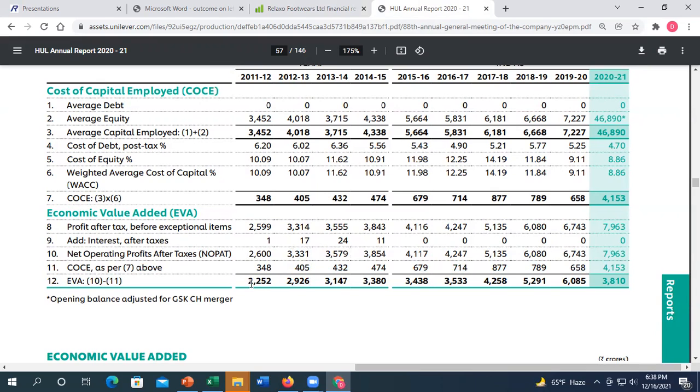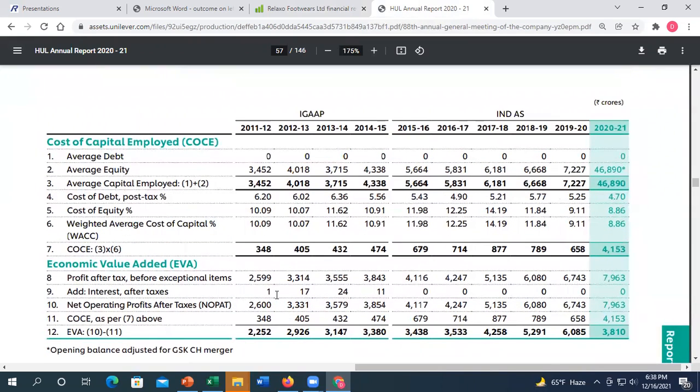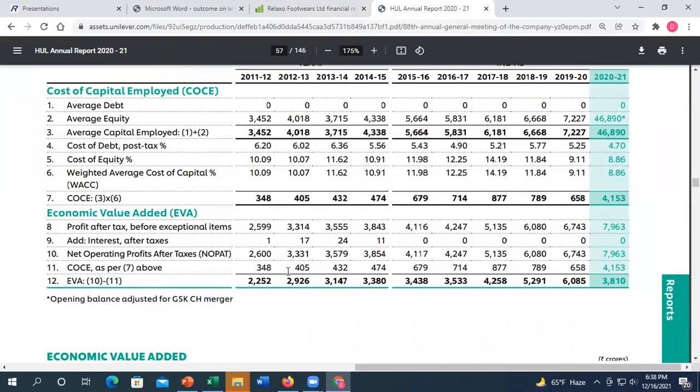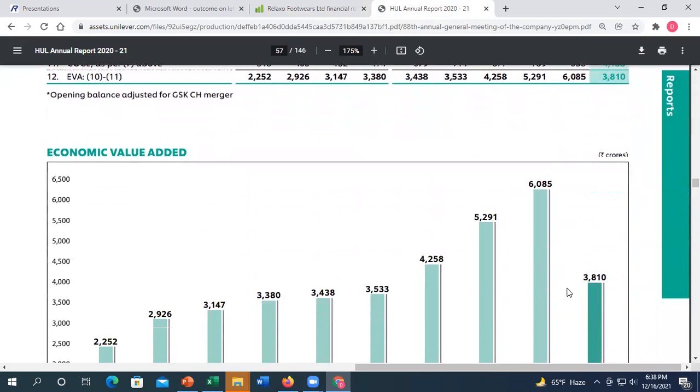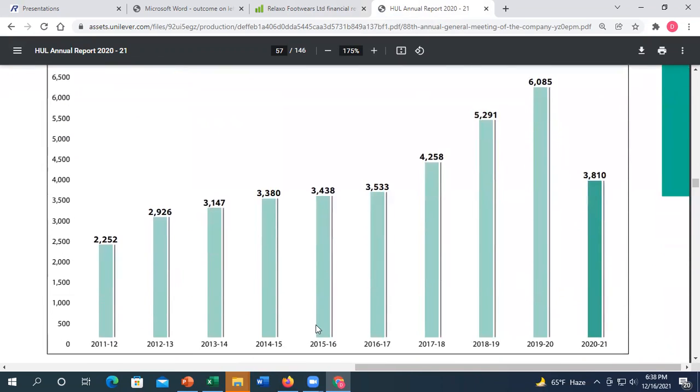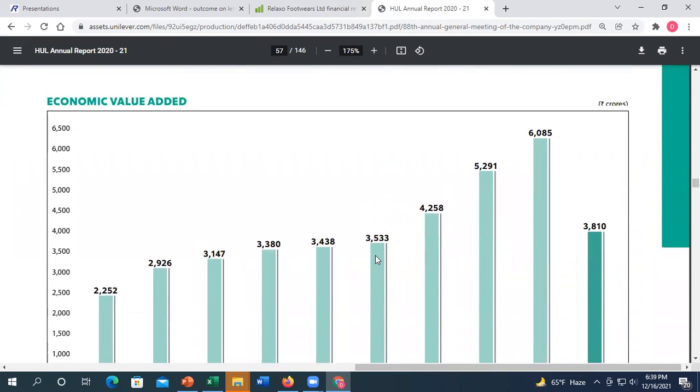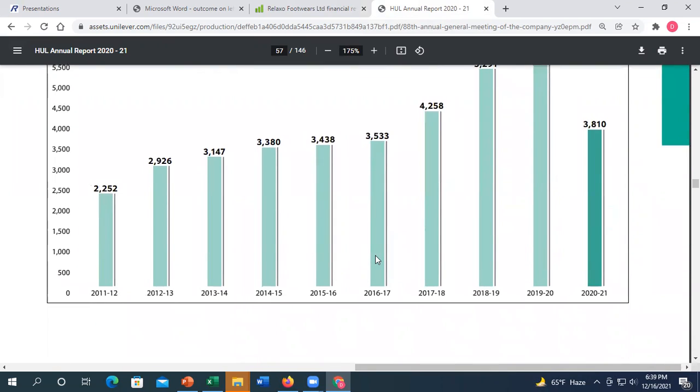The EVA has gone up from 2,252 crores to 3,810. What is important is to observe that it has been continuously rising, except in the latest year, 2021. We may examine why the EVA of HUL reduced in that year.